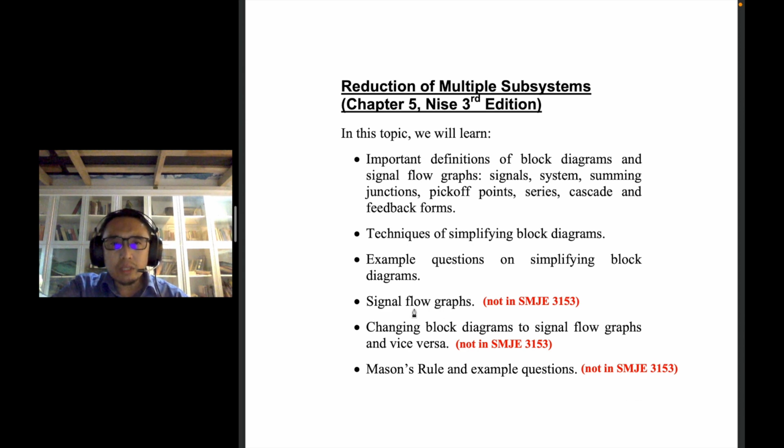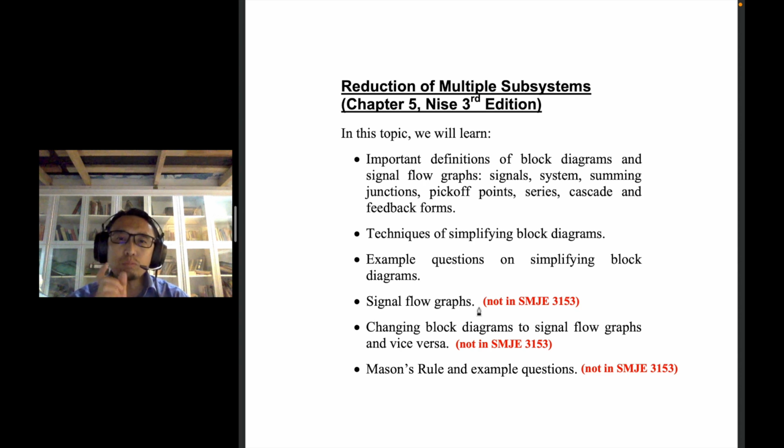Although we didn't use signal flow graph, which is another way to solve it, it's not included in this course. So again, let me remind you, there are three different familiar forms: the cascade, parallel, and the feedback. So you can write down the formula for that.